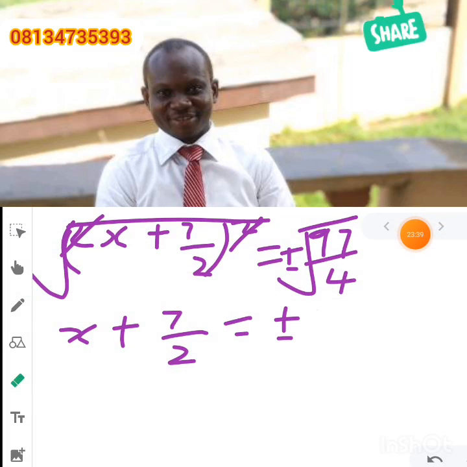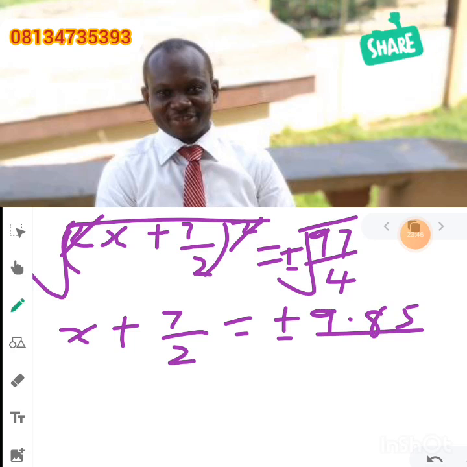So we have 9.85 plus or minus that over the square root of 4, which will give us 2.